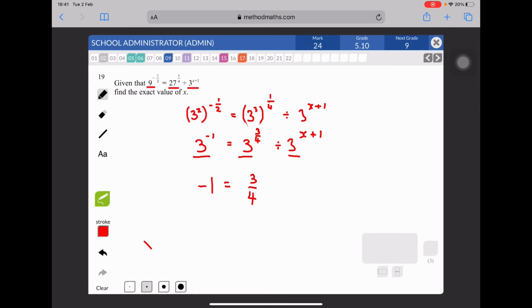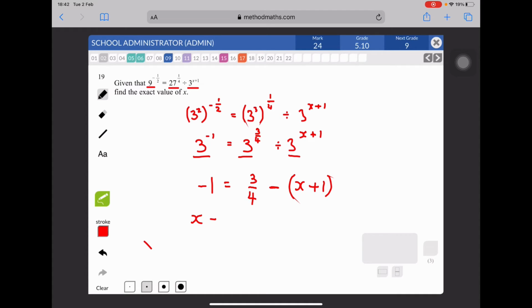Remember, when you divide one power by another, you need to subtract the indices. So here we need to do 3/4 subtract x plus 1. Now we need to solve for x. So I'm going to add x plus 1 on both sides.